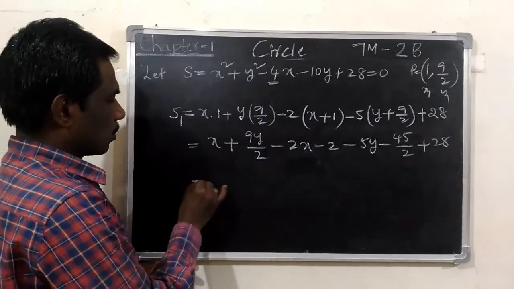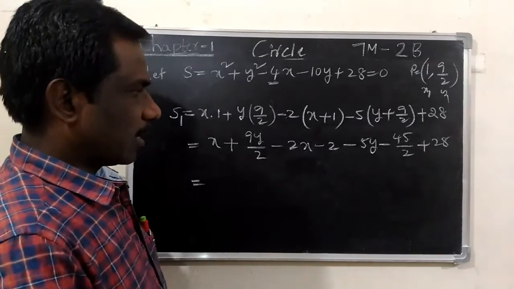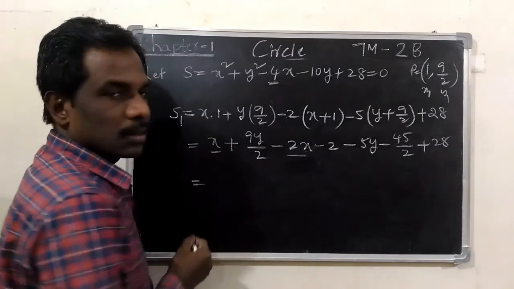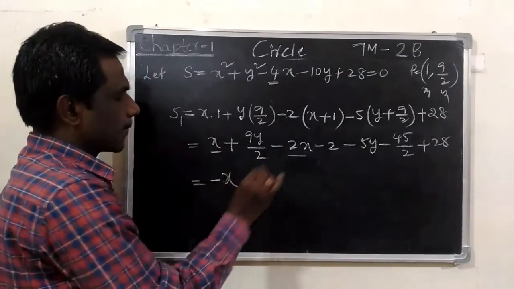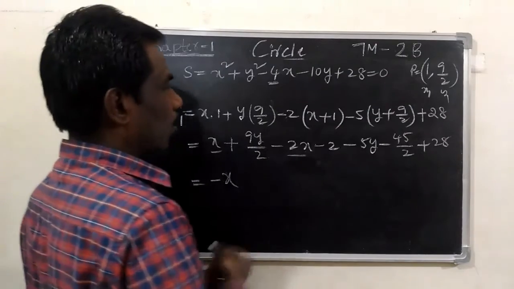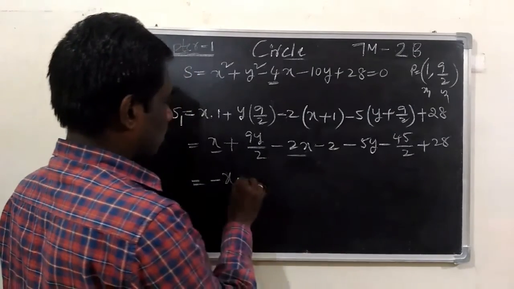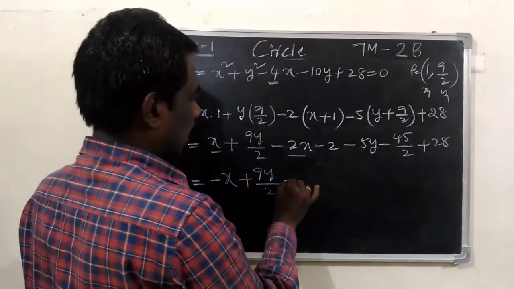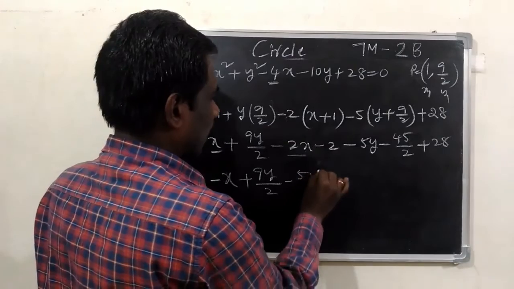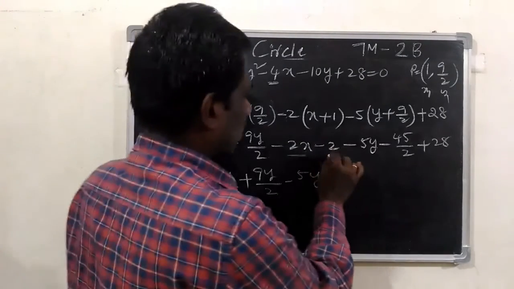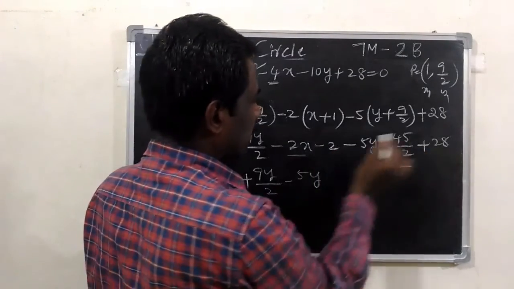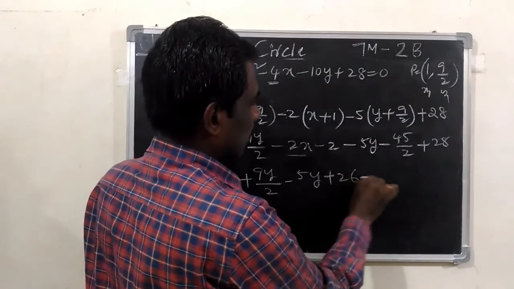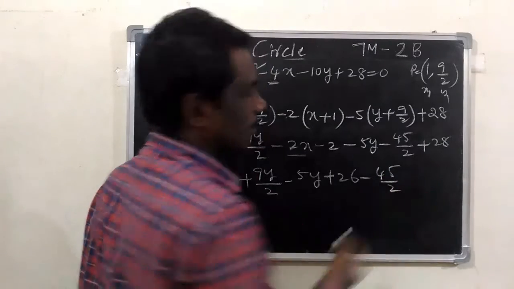Simplify it now. x minus 2x, we can write it is minus x. Then y terms, here two terms are there, 9y by 2 and minus 5y, and the constants are 28 minus 2 is 26, plus 26 minus 45 by 2.